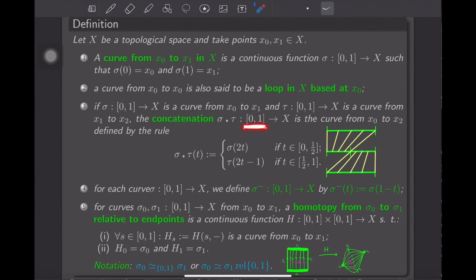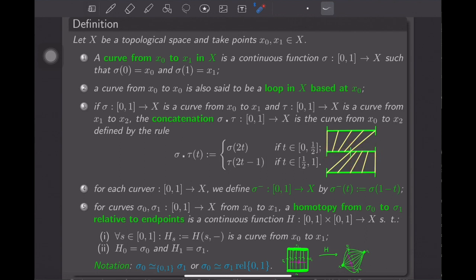But I have to work with the unit interval. The idea is that I cut the unit interval in half, precisely at 1/2, and then with the first half interval I parameterize sigma, and with the second half of the interval I parameterize tau.